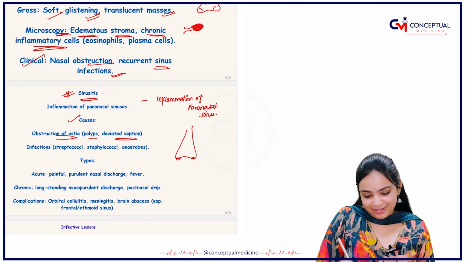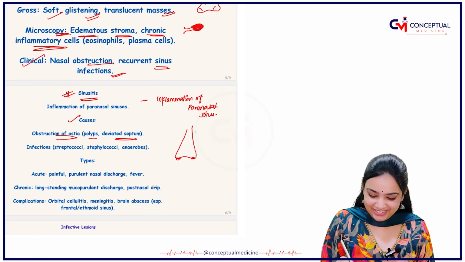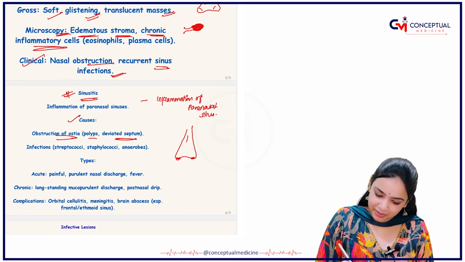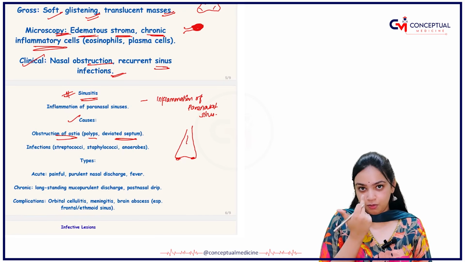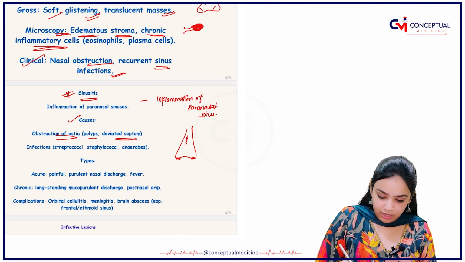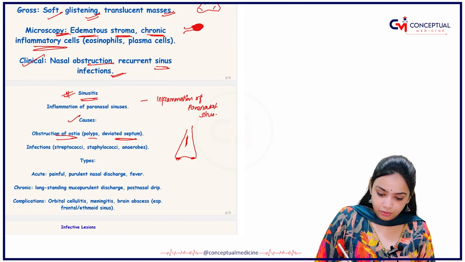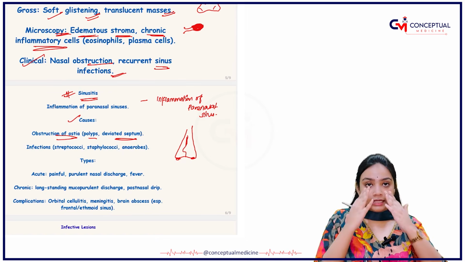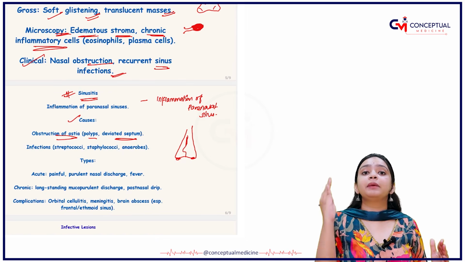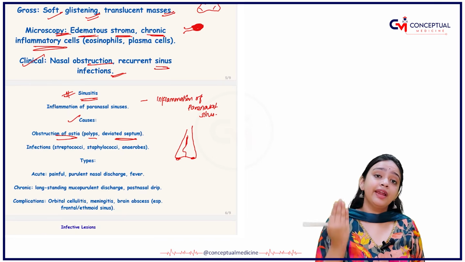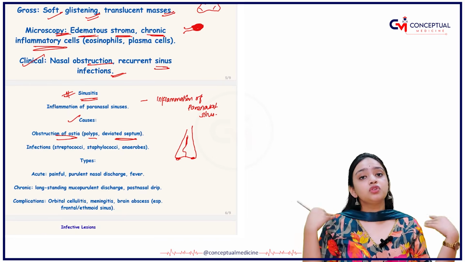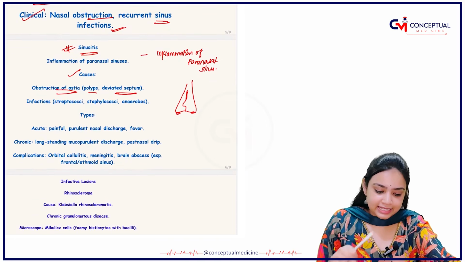Let's suppose these are your nostrils. You have a bone in between. What happens is, instead of growing straight, in some people it is deviated either towards the right or towards the left. That is called deviated nasal septum.